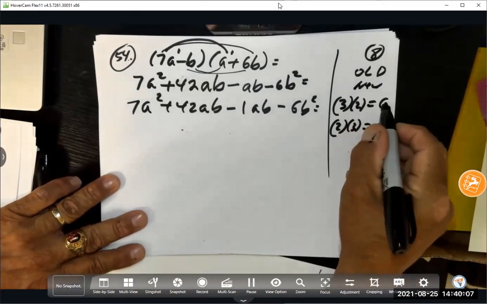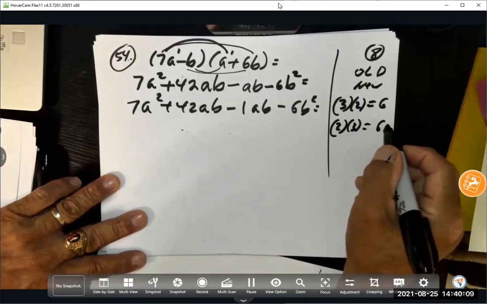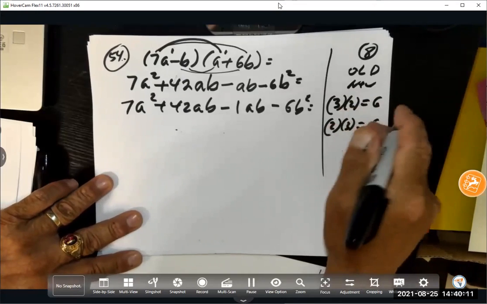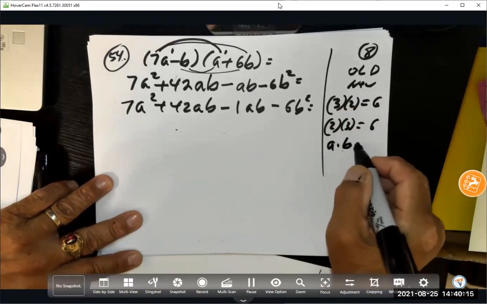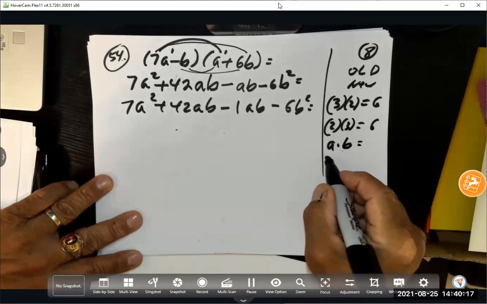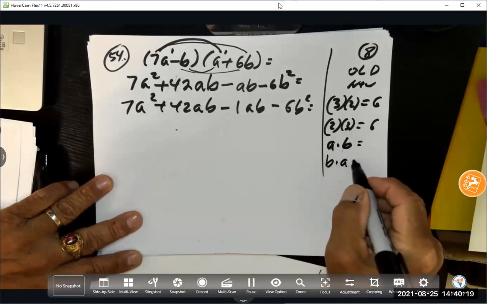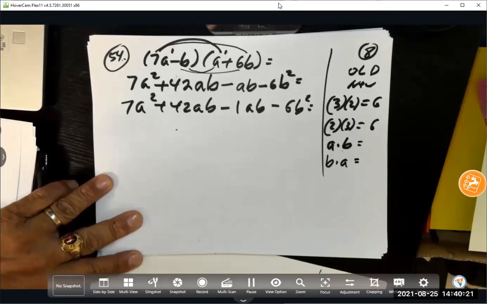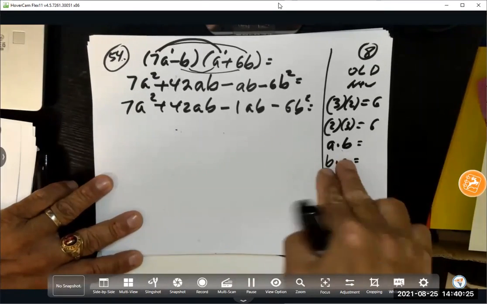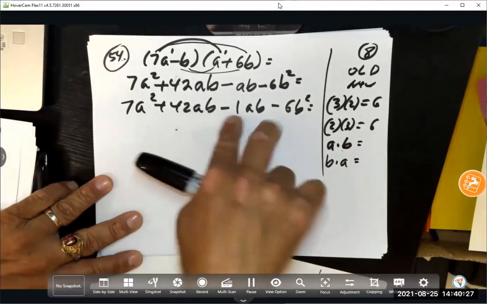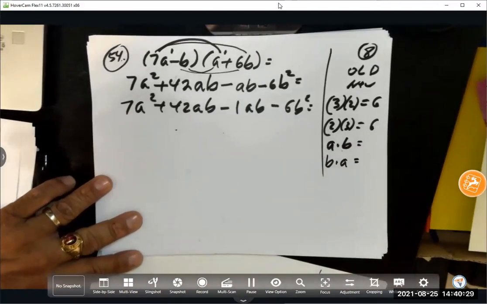So 3 times 2 is 6, and 2 times 3 is also 6. Are they the same answer? Yes. So if I go a times b, and somebody says no, it's b times a, that's the same thing. If you flip it, it's the same thing. Does that make sense?